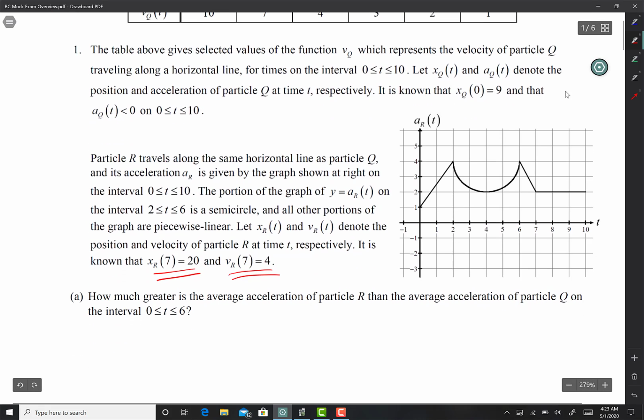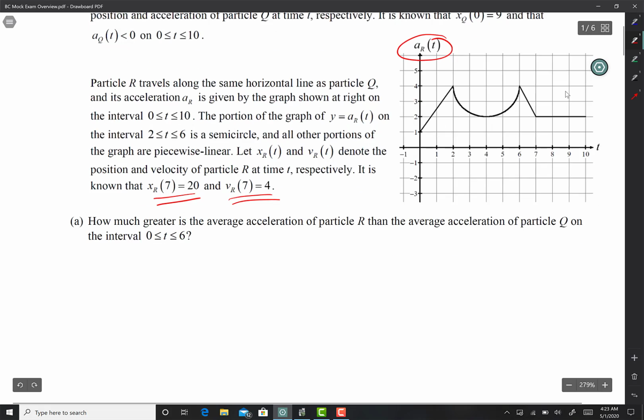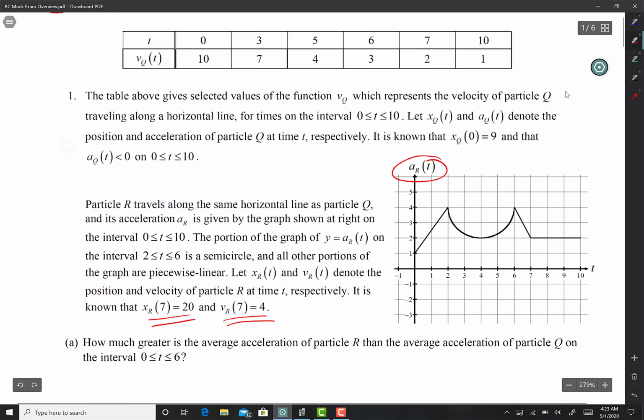But when we find the average acceleration of r, they give us a of r, and for this one we have to use the integral formula: 1 over b minus a, integral from a to b of a of r. So understand what to do depending on what situation you have. Let's go ahead and find the table one first, guys.